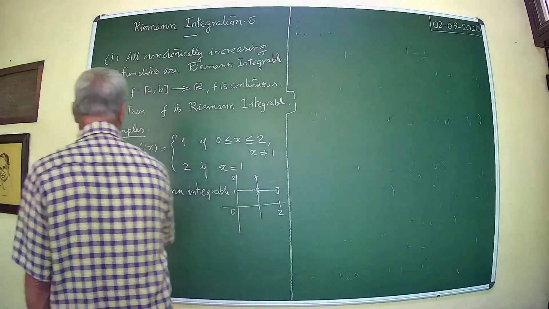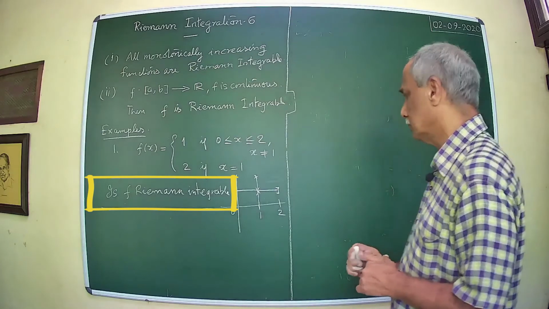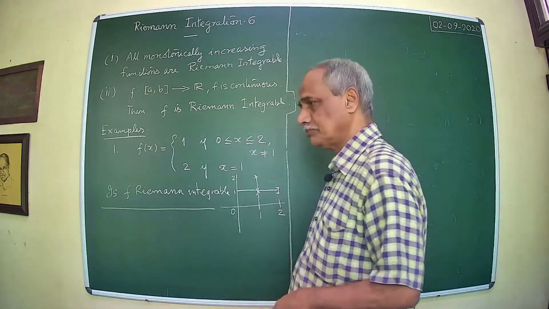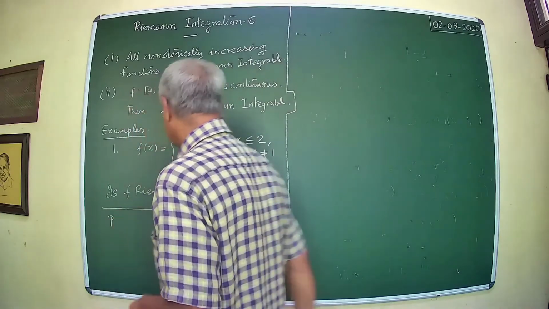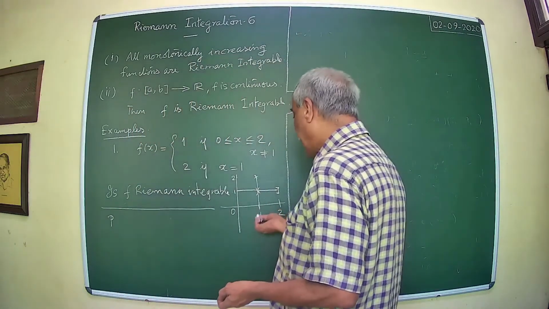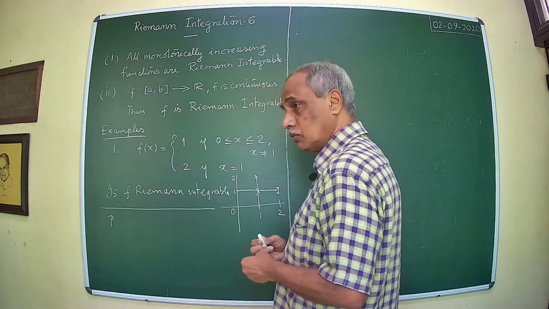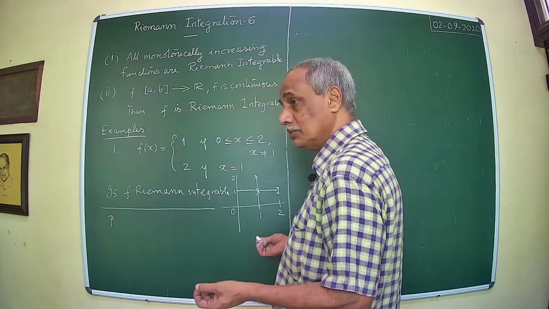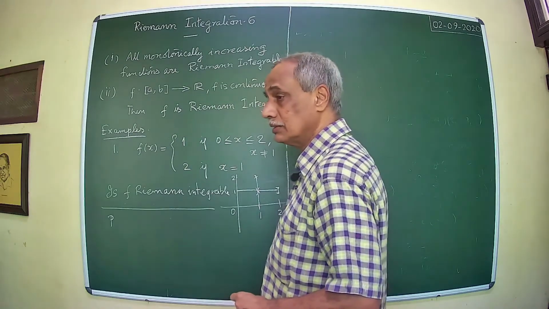In proving most of these theorems, you recall the following. You can give a partition. So we choose one partition P. P may not have 1 as a point in it. So what you can do is introduce 1 also into the set.